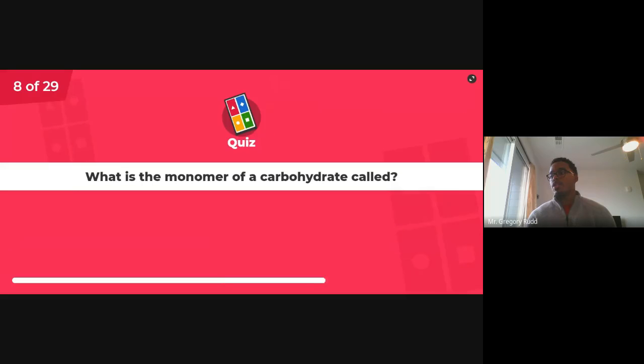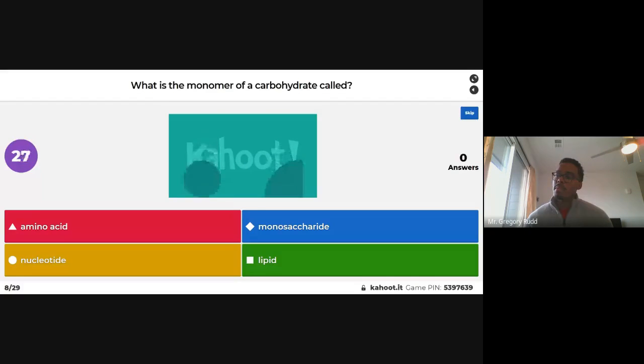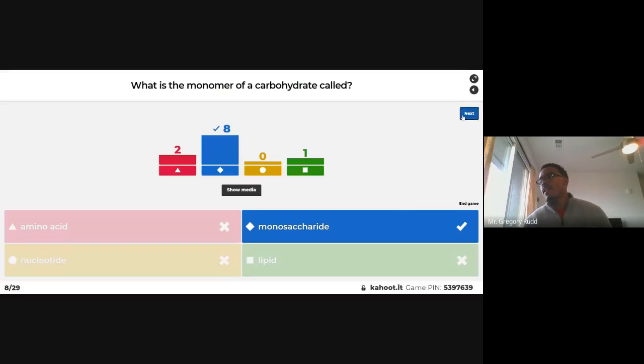What is the monomer of a carbohydrate called? Just looked at this. What's the monomer of a carbohydrate? Good, a monosaccharide.